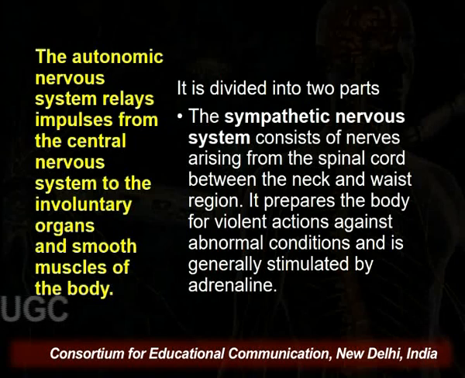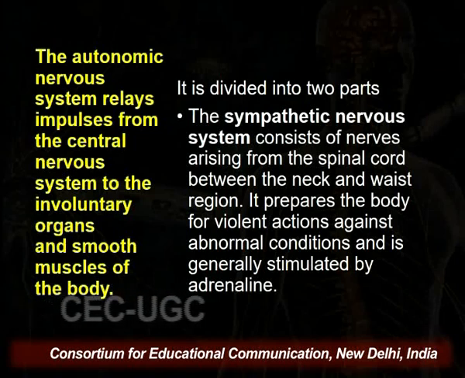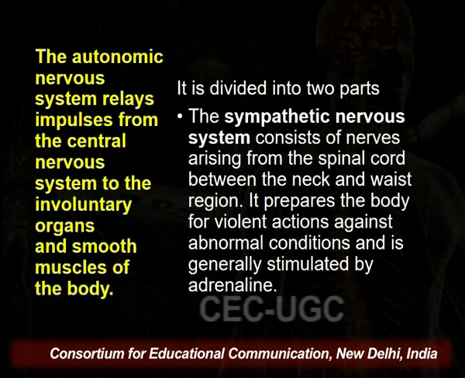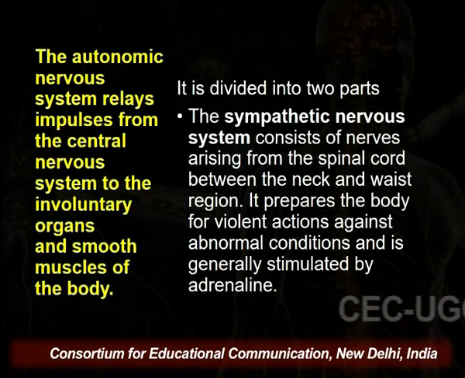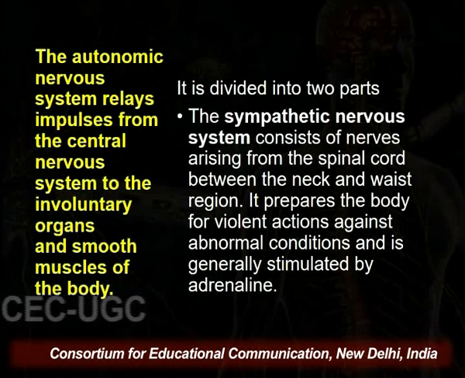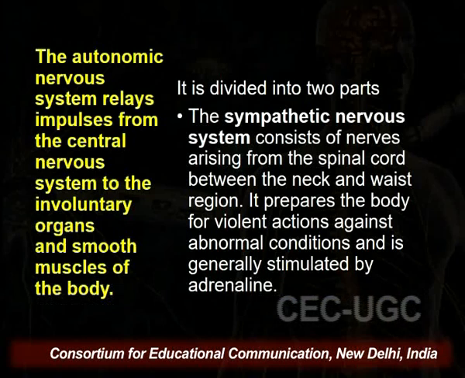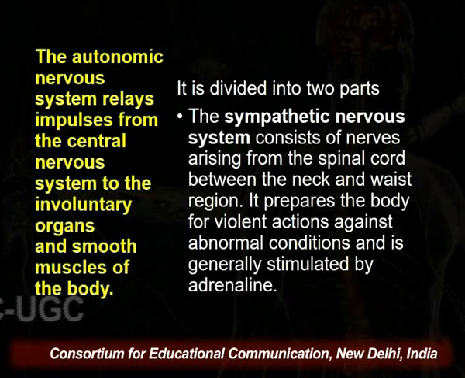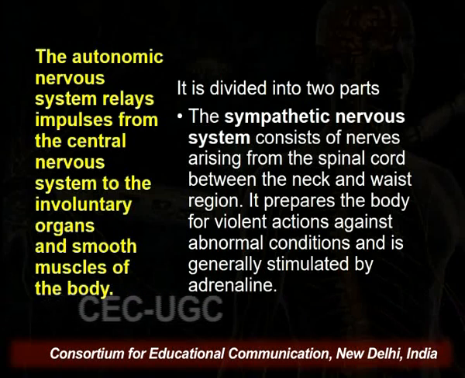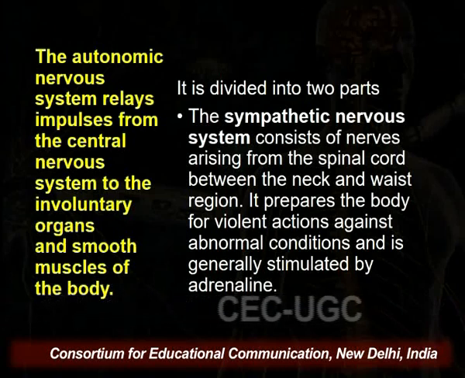One is the sympathetic nervous system and another one is the parasympathetic one. So the sympathetic nervous system consists of nerves arising from the spinal cord between the neck and waist region. It prepares the body for violent actions against abnormal conditions and is generally stimulated by adrenaline.